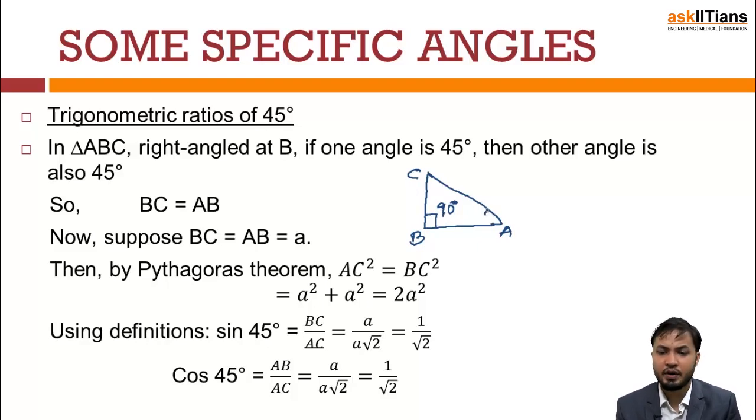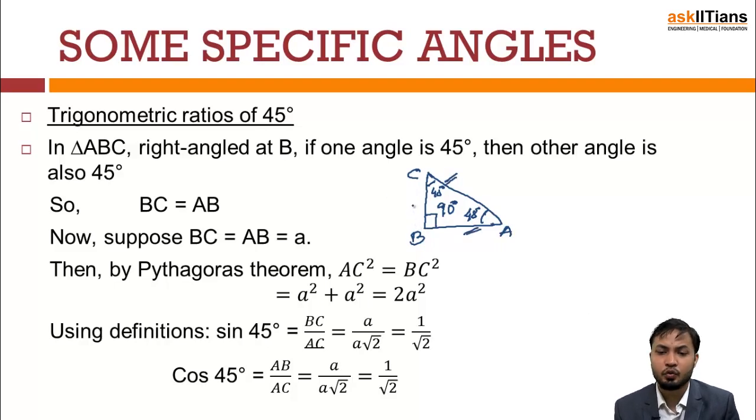So let's say over here, this becomes my 45 degrees. Simultaneously this will also become 45 degrees, right? The sum of angles of the triangle has to be 180 degrees. So if this angle is 45, this will also be 45.